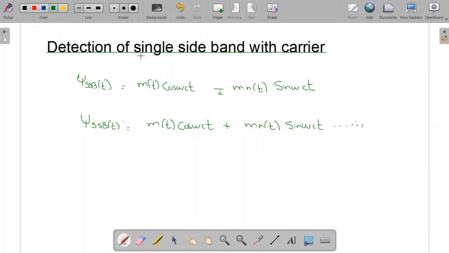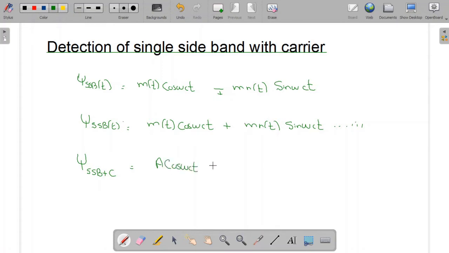Now we are going to do the single side band with carrier. The single side band with an additional carrier, that is SSB plus C, can be mathematically expressed as, because we are going to add the carrier, so in this equation we are also going to add a cosine omega ct.